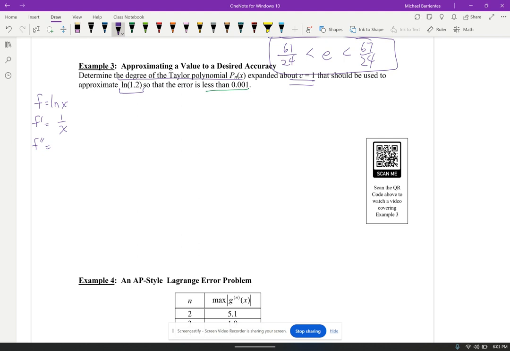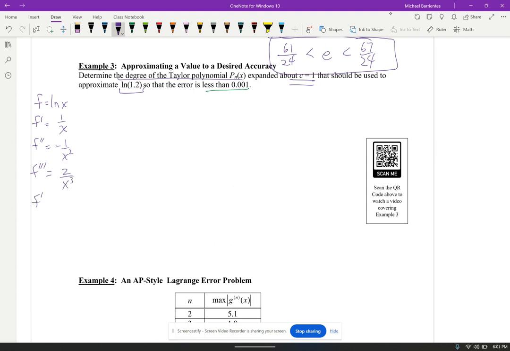Now, remember, normally we know what degree to go to, we know where to stop, but in this case, I don't. So I'm going to go, I don't know, maybe 4 derivatives, maybe 5 derivatives. Let's take the derivative of 1 over x. That's negative 1 over x squared. Let's take the derivative of negative 1 over x squared, which is positive 2 over x to the third.